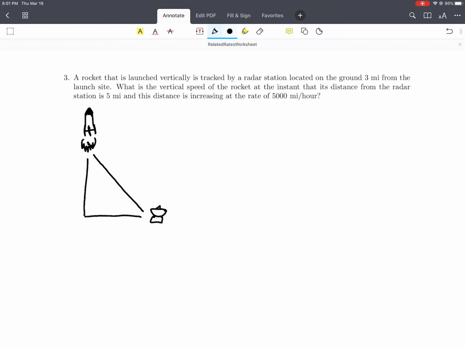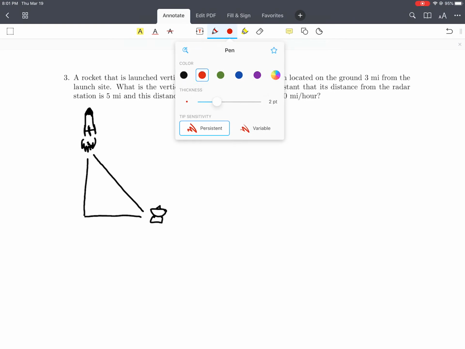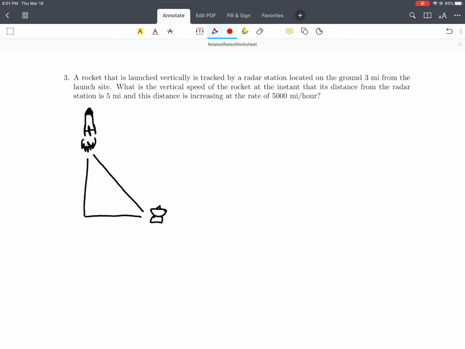We've got this vertical distance, this horizontal distance, and this diagonal distance. So now we want to label things. This vertical distance, we're going to call that y. So it's the rocket's vertical distance from the ground. We'll make a note of that.